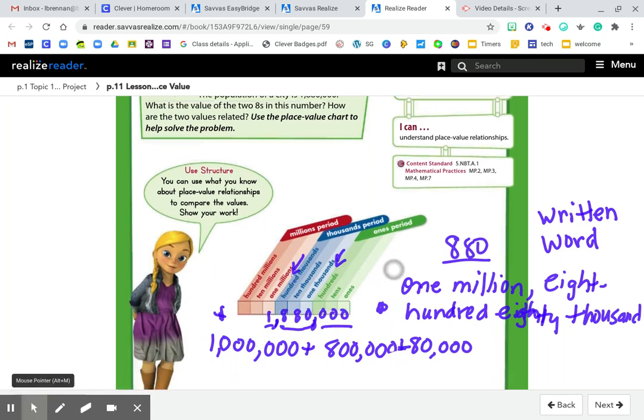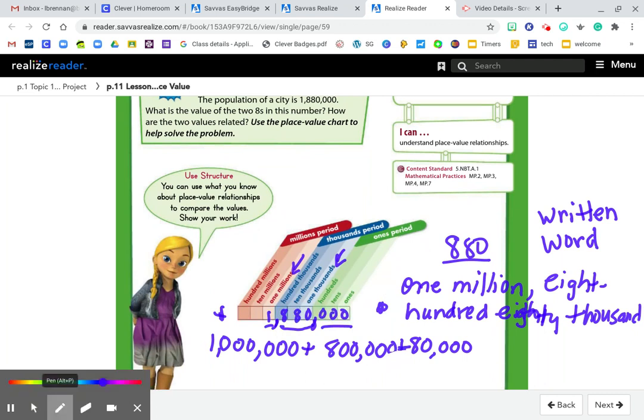And that's how I would write the number in expanded form. So we want to know what are the values of the 8s. This 8 is 800,000 and this 8 is 80,000.